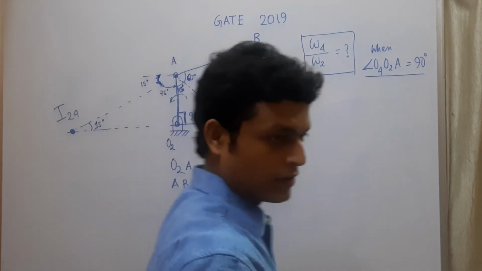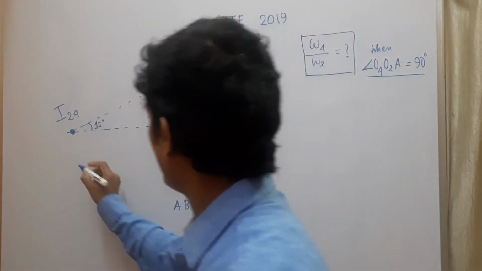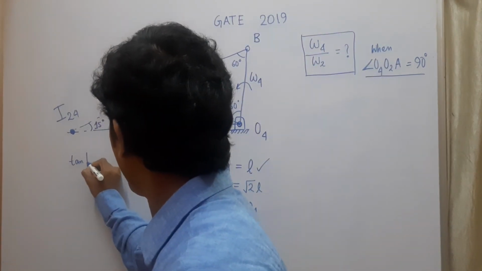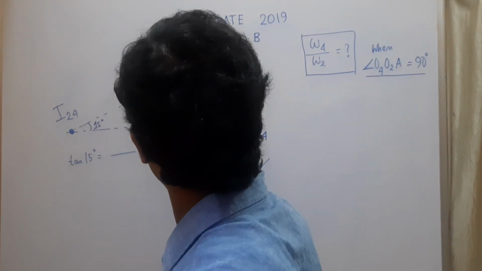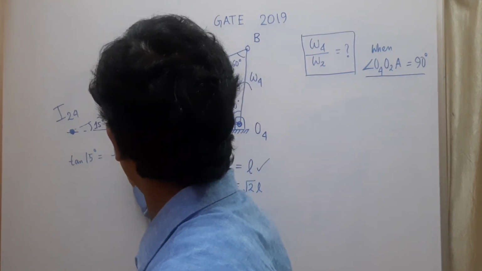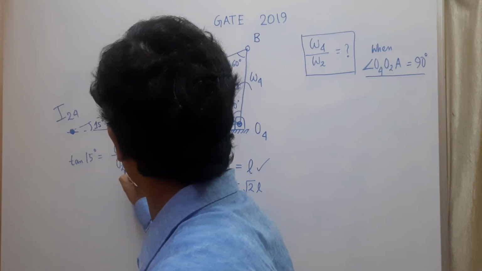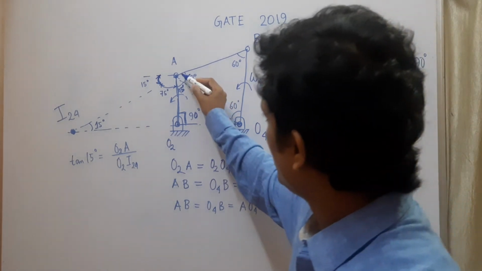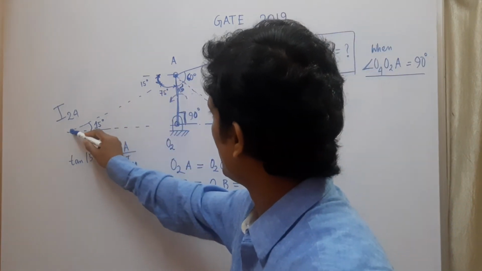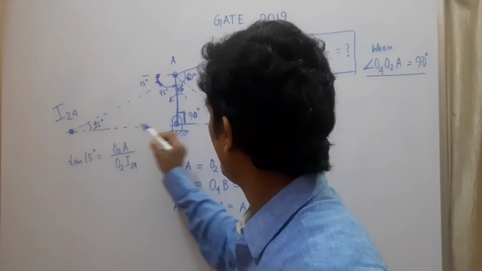Now if I put this value, tan of 15 degree is equal to what? O2A by O2 I24. Let us come to this triangle A I24 O2.